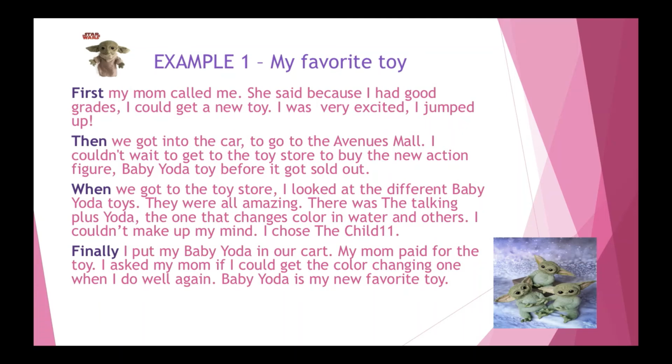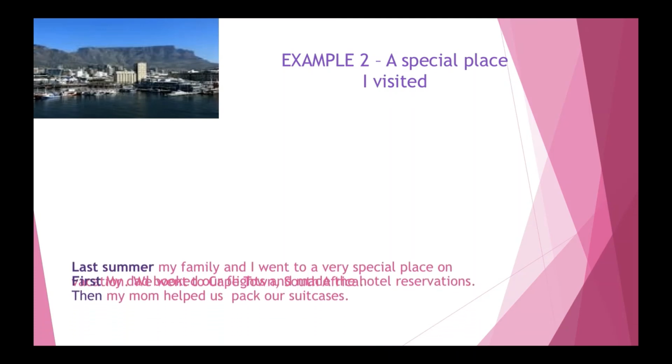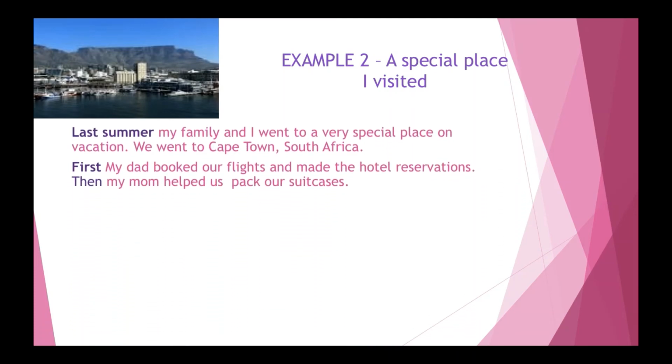Let's look at example 2. Topic is a special place I visited. Last summer, my family and I went to a very special place on vacation. We went to Cape Town, South Africa.